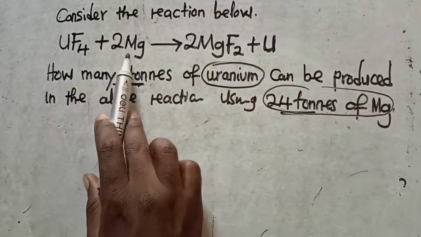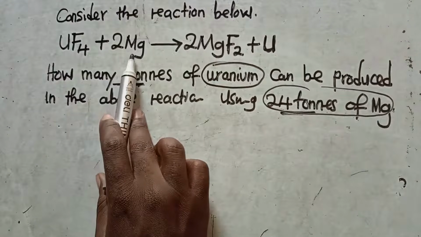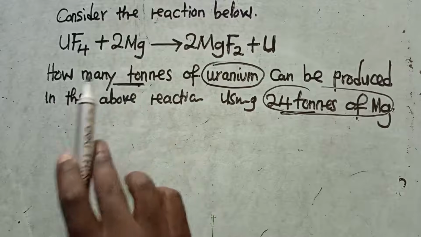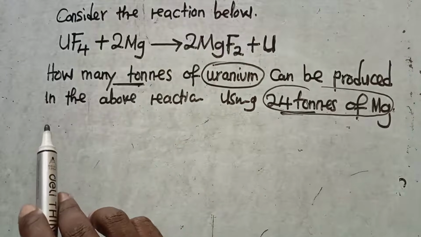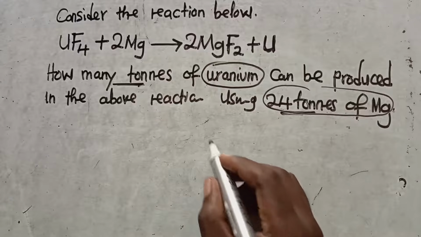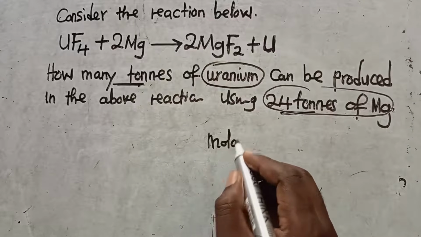Magnesium is here. What is the mass number for magnesium? That is 24. When we say mass, we just say grams. So mass, molar mass, and mass number, we are just talking about the same number. The difference is with the units.